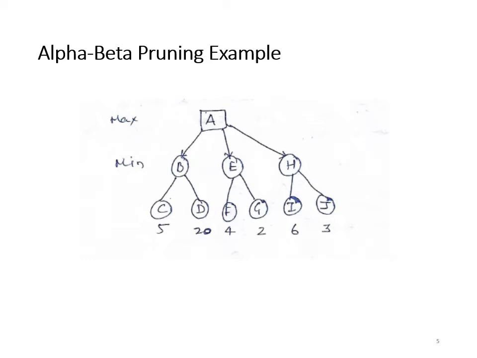So I am taking one example of alpha beta pruning. It's a very simple example. Here A is the node. This is the computer's turn, so the computer has to maximize it, and these are the opponent's moves. So these nodes have to minimize, and these are the terminal nodes.